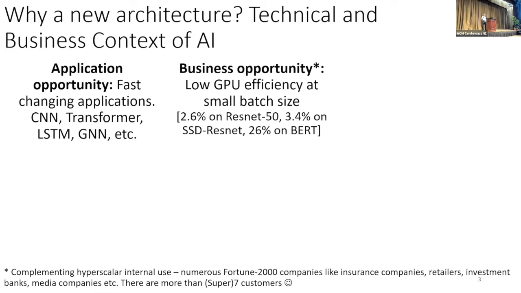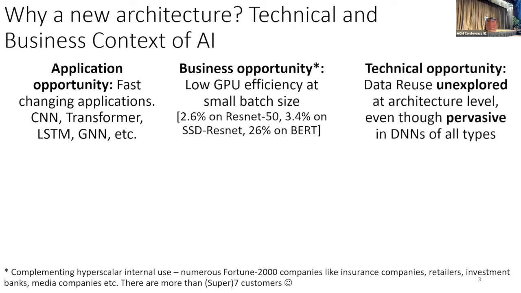Second, there's a business opportunity. There's substantially low GPU efficiency or utilization at small batch size measured in single-digit %, which leads to a technical opportunity that data reuse has been unexplored at the architectural level, even though it is pervasive across these workloads.